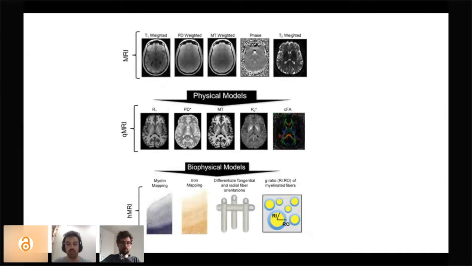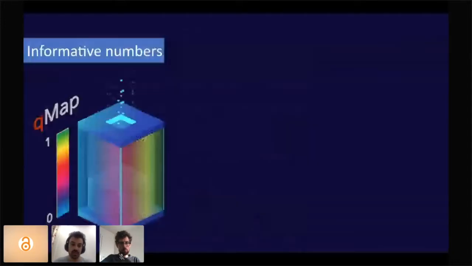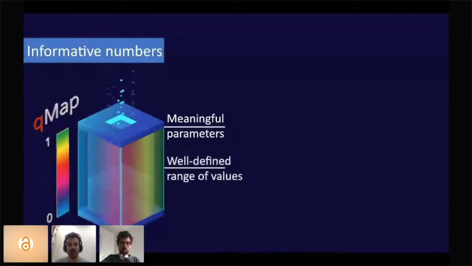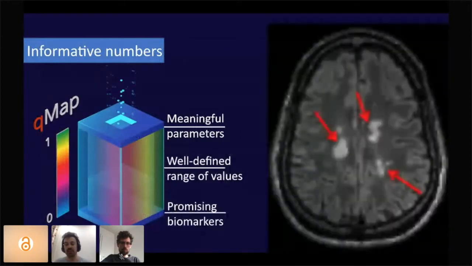We can get information about myelination, iron concentration, or even a number called the G ratio, which is the ratio of the inner to the outer diameter of an axon. So yeah, with quantitative images, we have informative numbers with meaningful parameters that have a well-defined range of values, and they give us promising biomarkers by combining them. They give information about tissue microstructure.